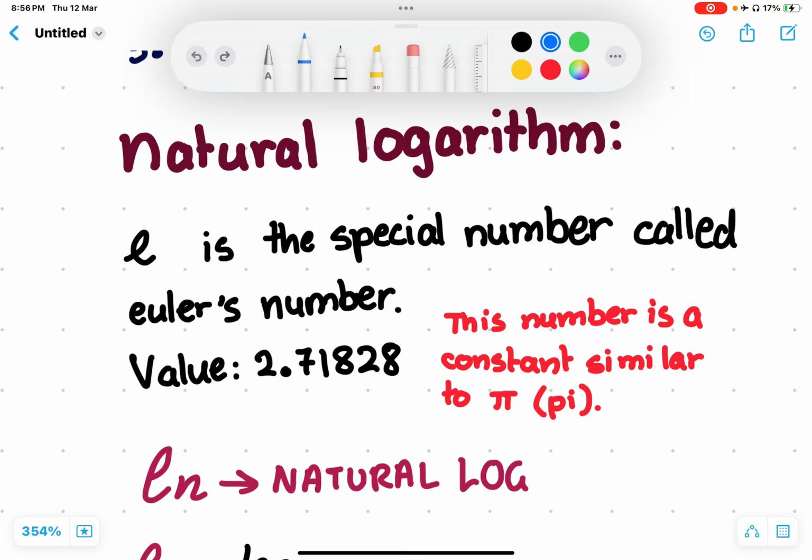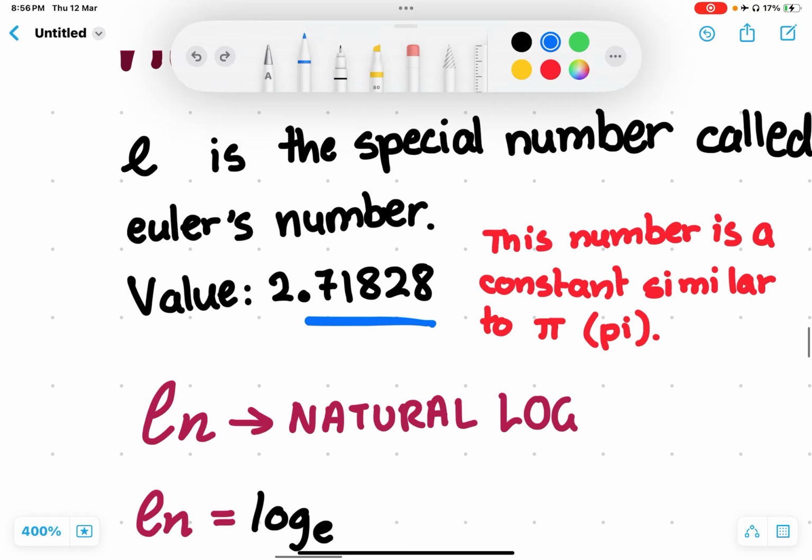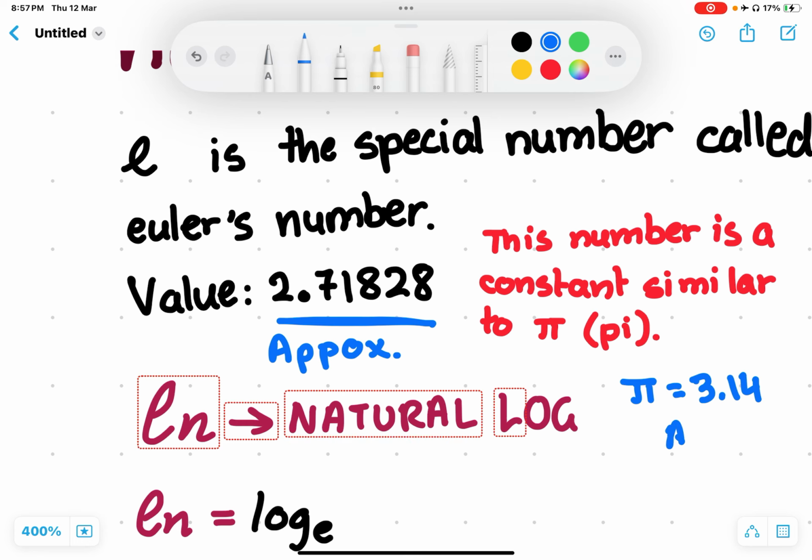So this is your E. Now, the value of this is 2.71828, approximately, by the way, make sure you know that this is the approximate value. It's like how we write pi is equal to 3.14, but this is just the approximate value, because pi has an infinite number of digits. That's the same with Euler's number as well. So that's just E for you.